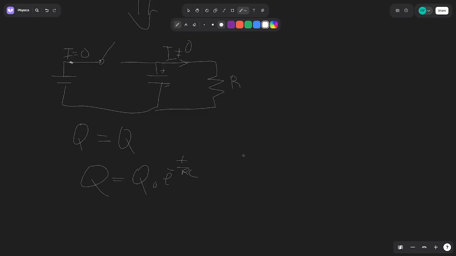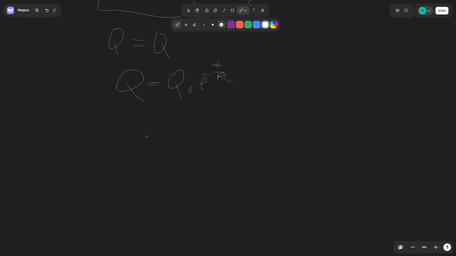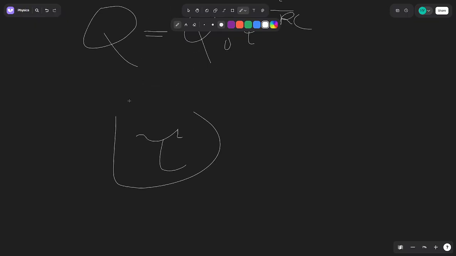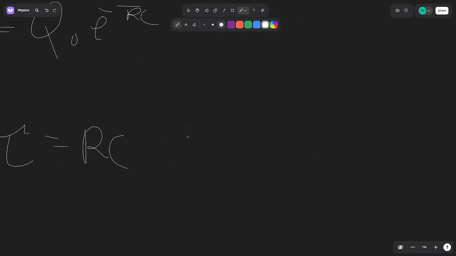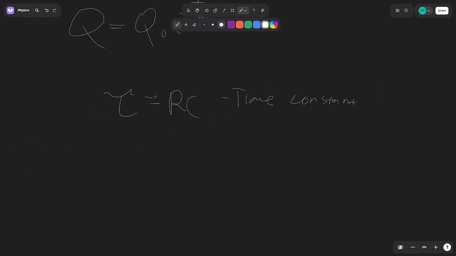This is the time needed for all the electricity to disappear. Don't mix it up with torque. This is the time constant, and it equals RC.